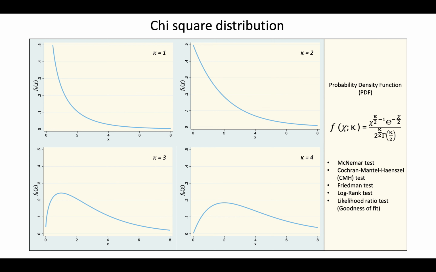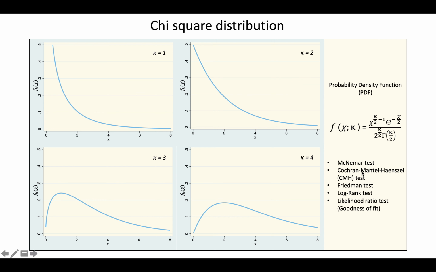There is another very important distribution in clinical research, which is the chi-square, obviously. And I say it's really important because many of the tests that we use are based on or follow this distribution. I brought some examples here in this slide.